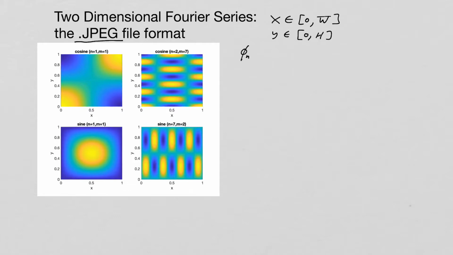So we have phi n comma m of x comma y is equal to cosine of n pi over w x times cosine m pi over h y. There's another one for the sines.